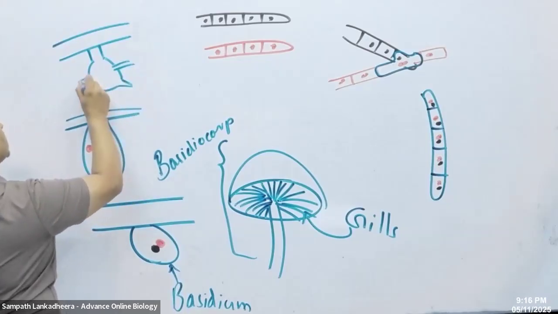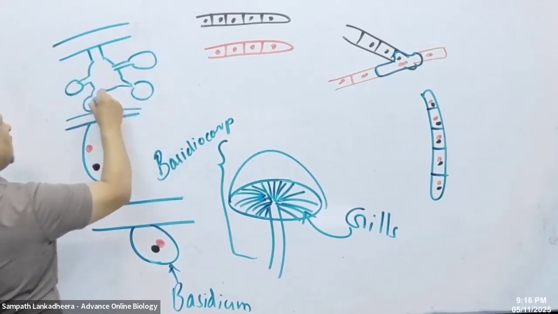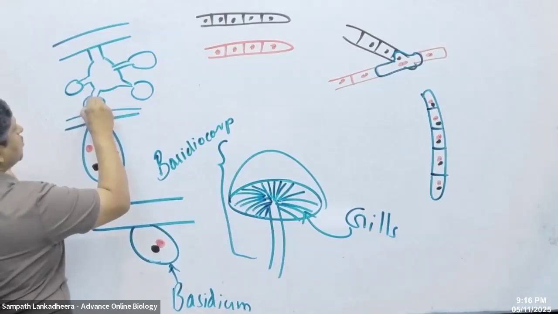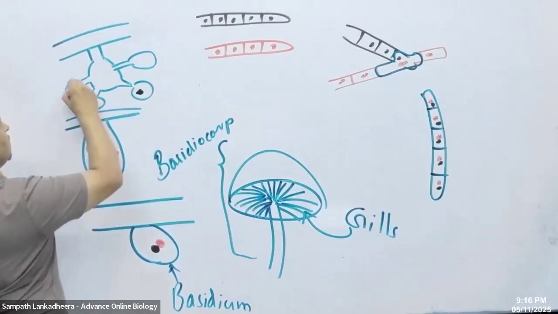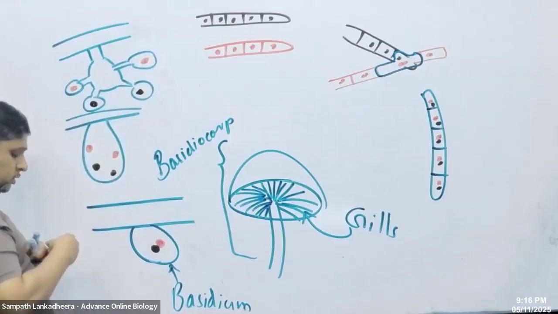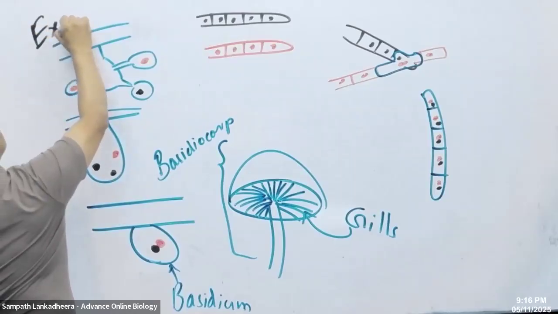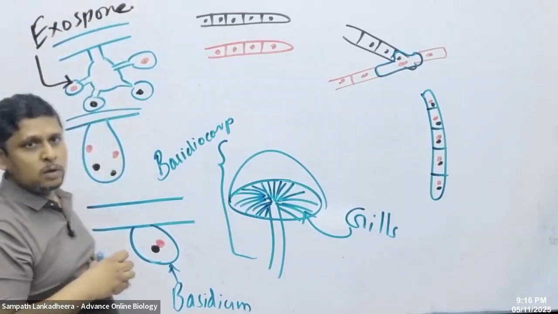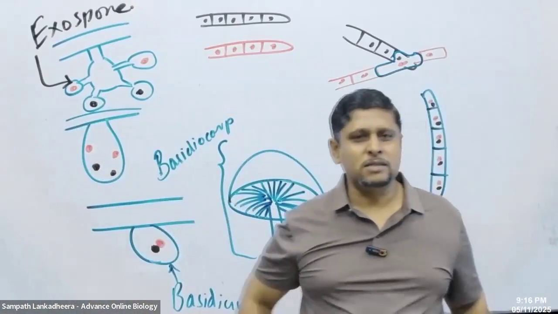So we call them exospores. They form 4 spores outside. These exospores are basidiospores. They grow and form new filaments.